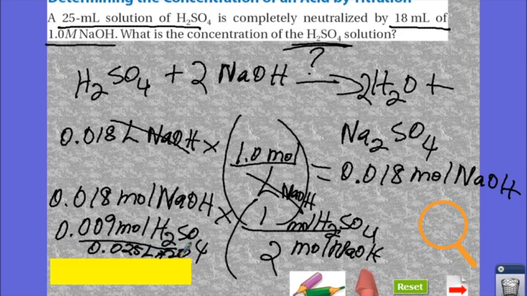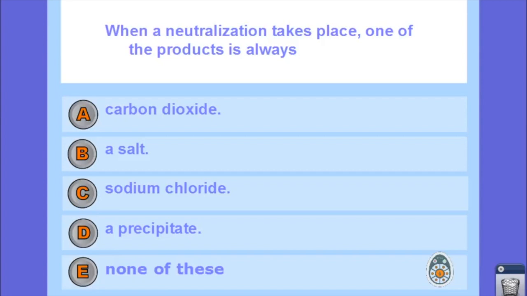The liter is what? 0.025 liter of your H2SO4. And the answer is, okay, 0.36 molar H2SO4. So we have stoichiometry, which means weighing acids and bases.